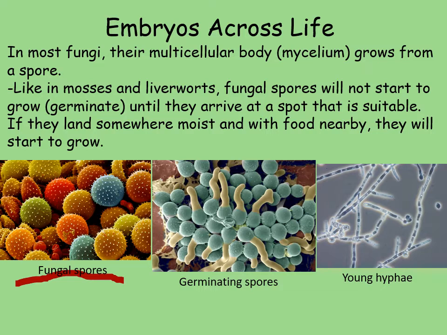So if they land in a location that is wet and has sugars available or other nutrients, they will start to germinate and grow. Here in the middle, you can see these germinating spores starting to create hyphae, and then here's the young mycelium, young hyphae, which will grow into the fuller mycelium and can engage in sexual reproduction to produce a fruiting body.